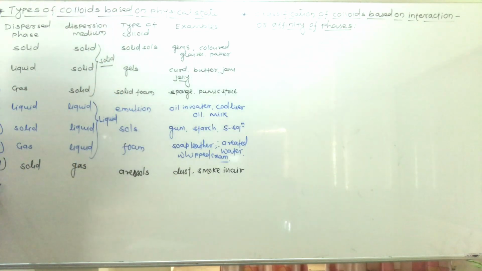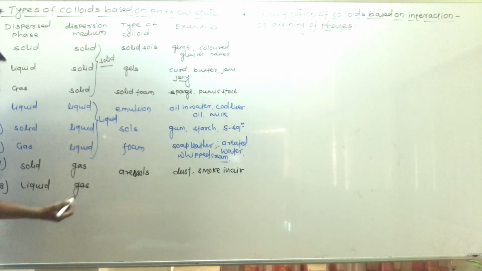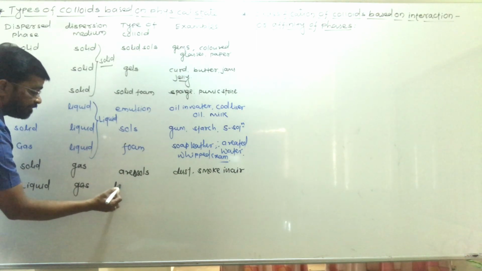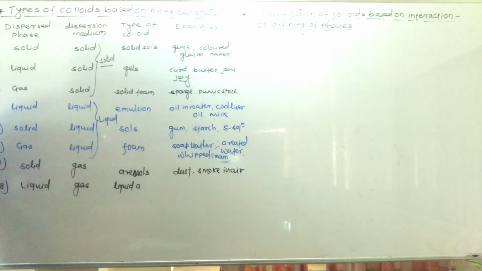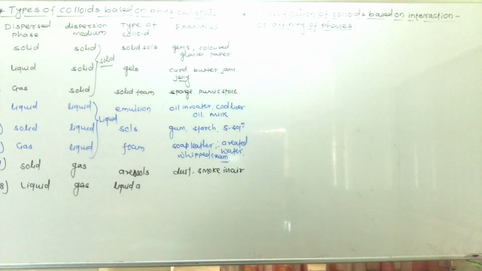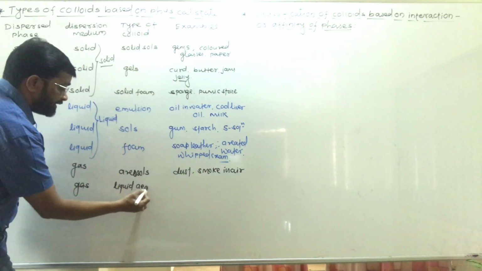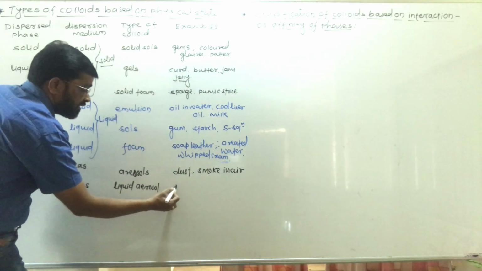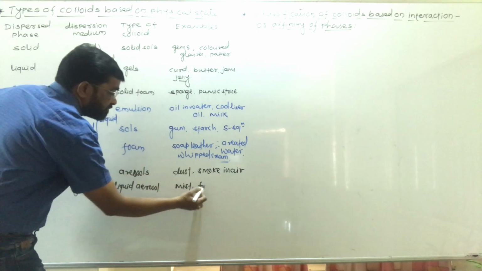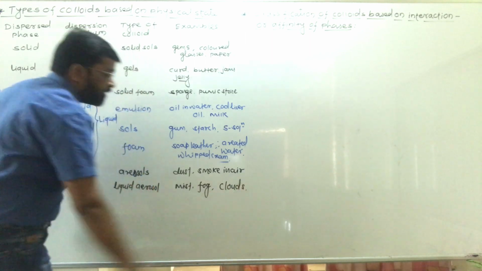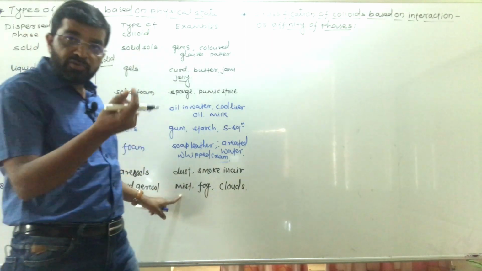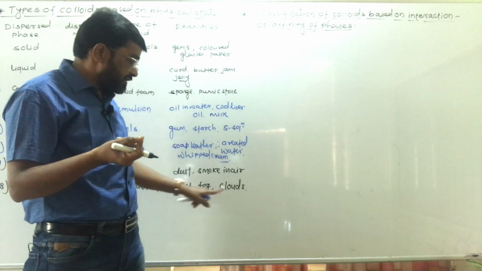Another type of colloidal system is liquid in gas. These are liquid aerosols. These liquid aerosols are mist, fog, and clouds. In mist, liquid droplets are present in the air.